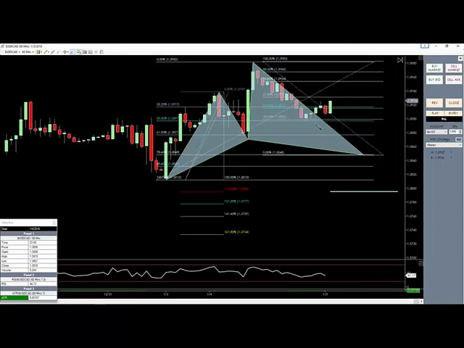Again, same thing, we want to go a little bit below that level, so maybe around 96 or 97. And target 2 would be our 618 level, so around right here to the 39.28 level. Okay.